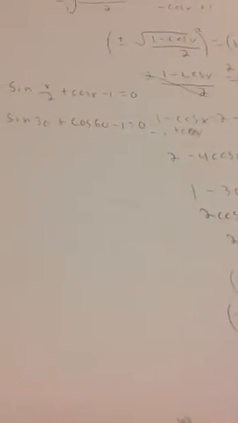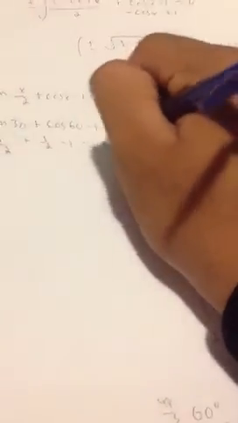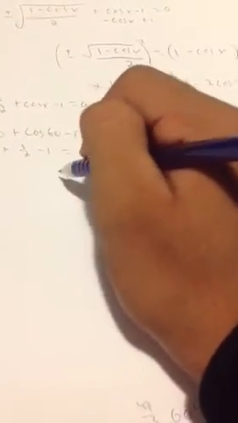So if we look at our unit circle, the sine of 30 is 1/2 plus the cosine of 60 degrees, which is also 1/2, minus 1 is equal to 0. So 1/2 plus 1/2 is 1, 1 minus 1 is equal to 0, so that checks, that is an answer.